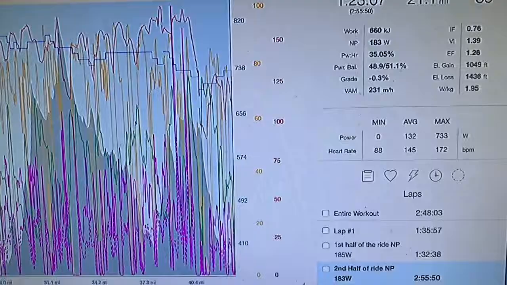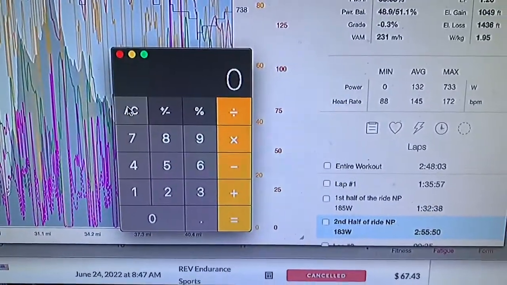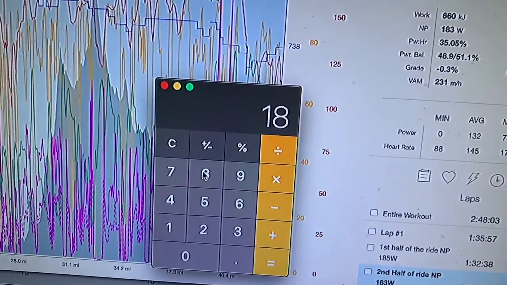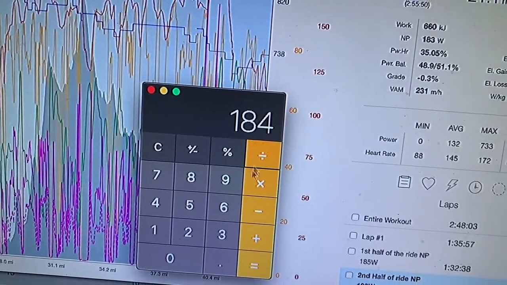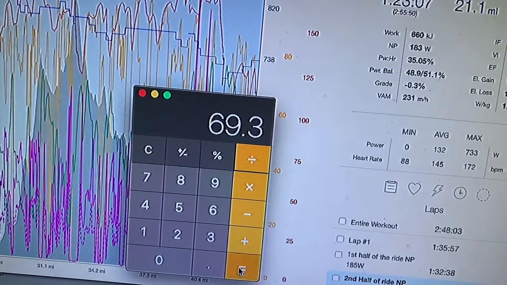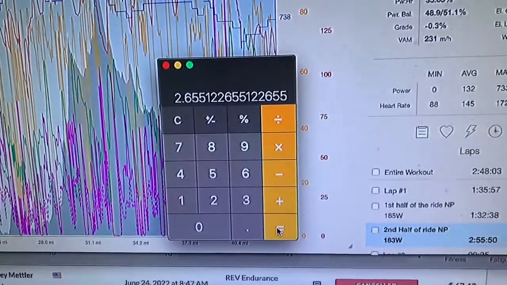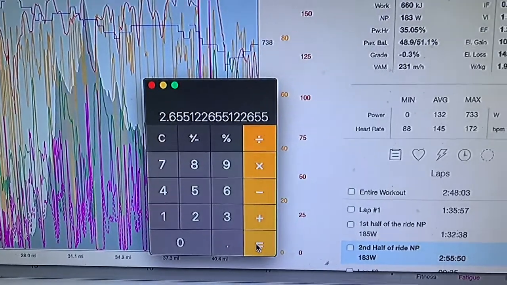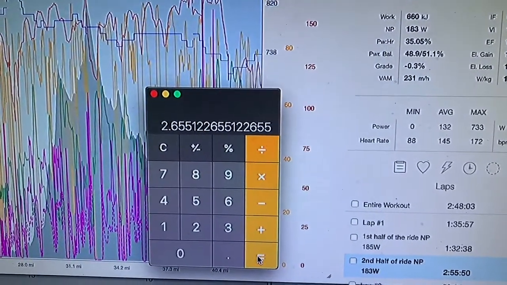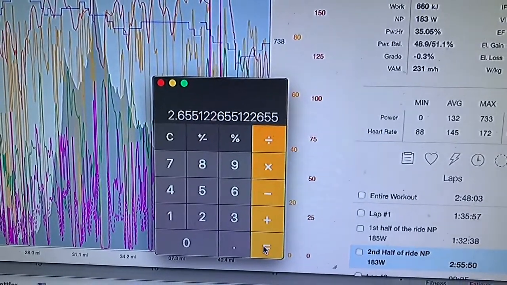So when we look at our calculator, let's go back to Training Peaks. 184 divided by 69.3 kilograms is 2.6 whatever, right? Okay, so that's what I mean by watts per kilogram. You take your weight, convert it to kilograms, and then you divide the wattage number, and that's how you get your watts per kilogram.